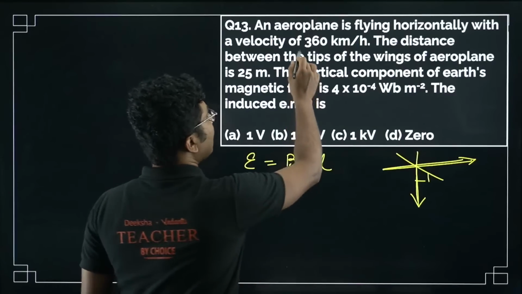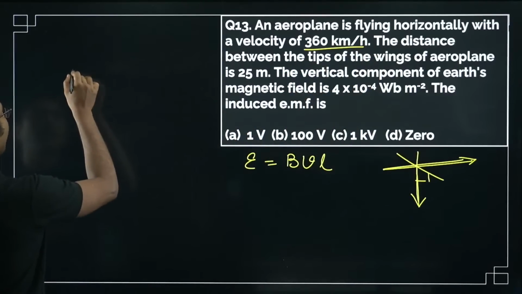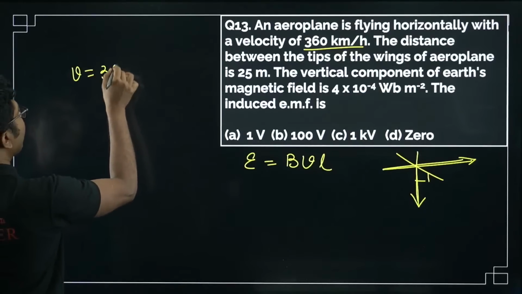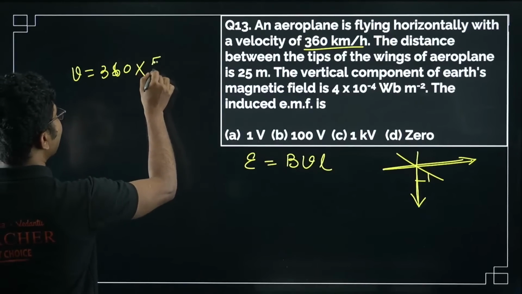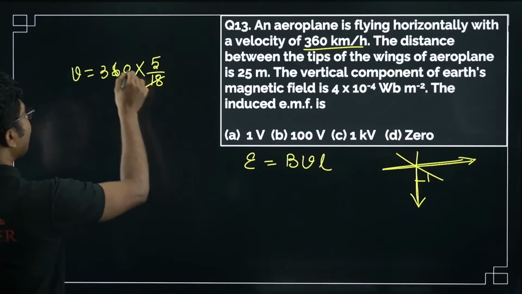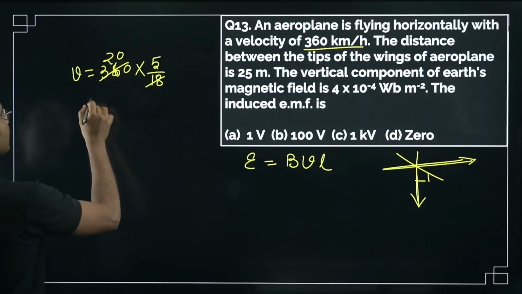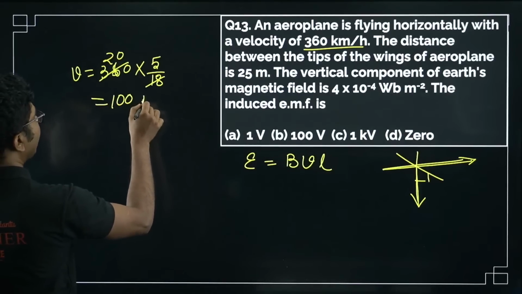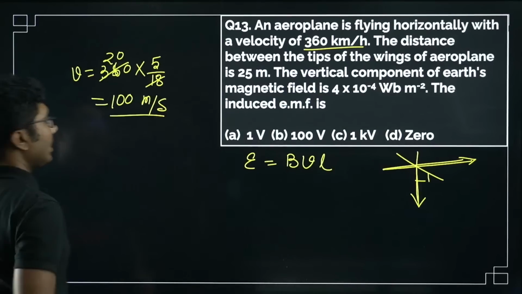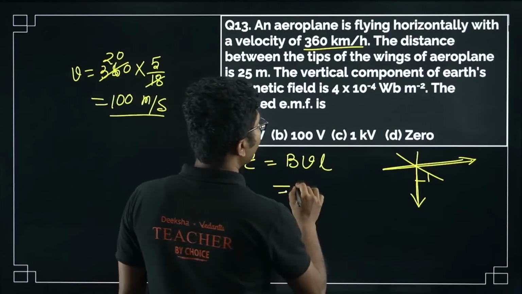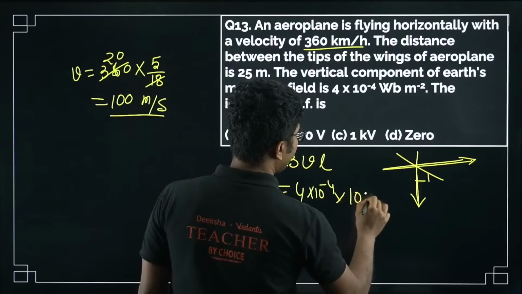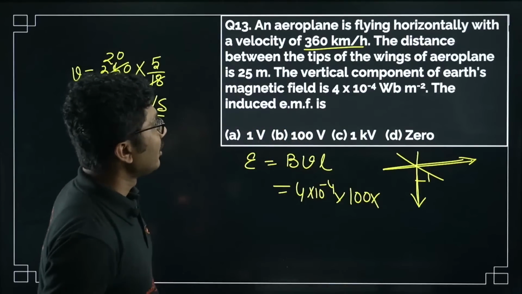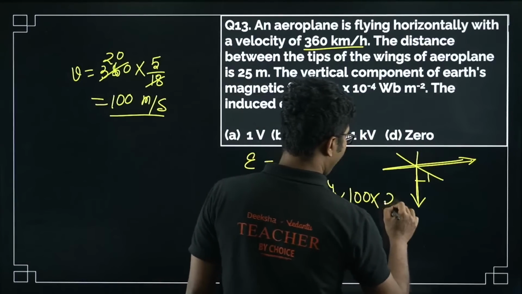Now here the velocity is given in km/h. So those who don't know, you can directly convert km/h to meter per second by multiplying by 5 by 18. So it will be 100 meter per second. Okay, so B is given 4 into 10 to the power of -4, V is 100, and L is given 25 meter.